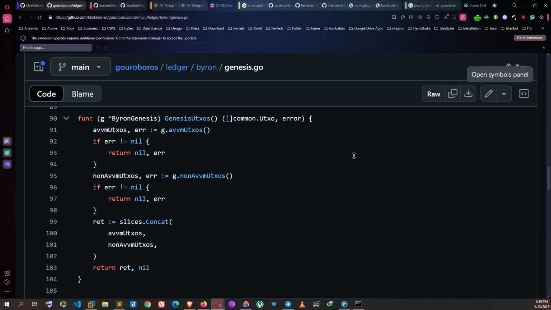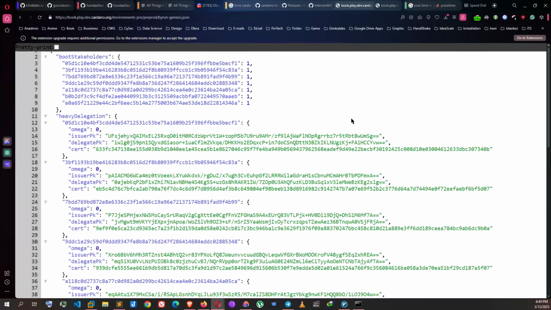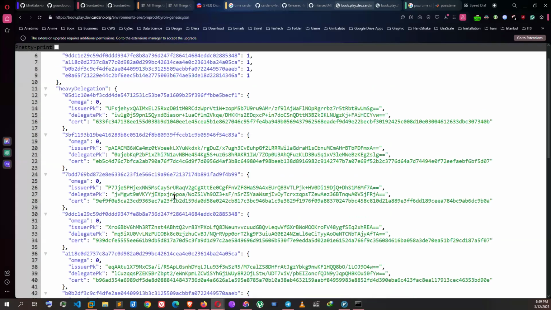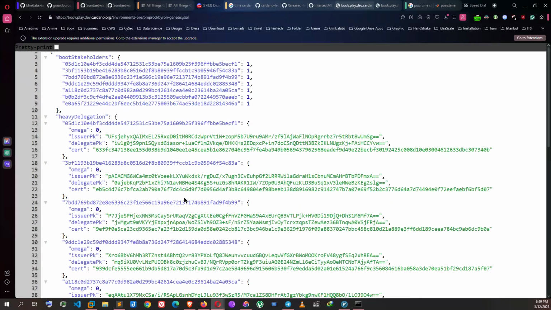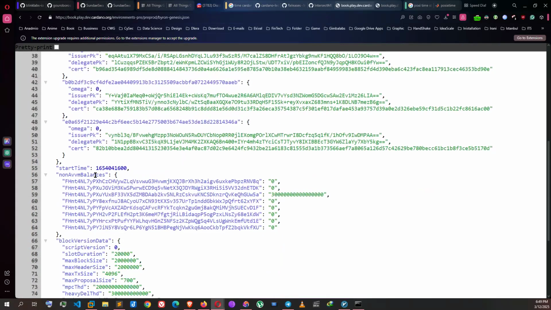From the Byron Genesis file, you go through and run a process, and that generates UTXOs in specific accounts. These are explicit wallets, and these are the balances.